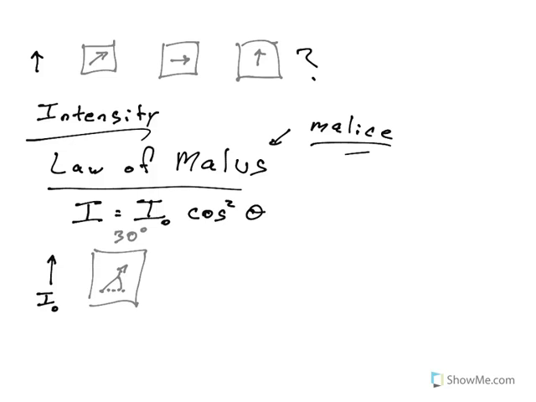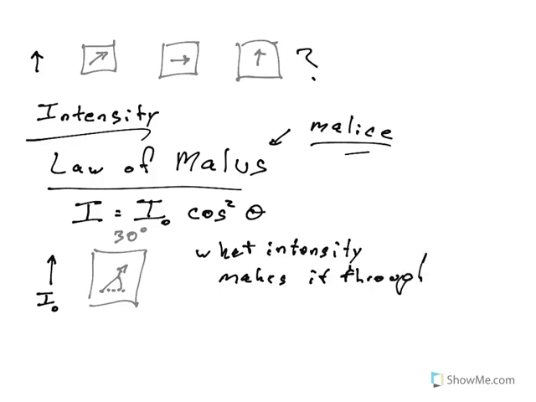So this notation means this filter is polarized 30 degrees with respect to the horizontal. Okay. And the question is, what is the intensity which makes it through the polarizer? How much light gets through, basically?